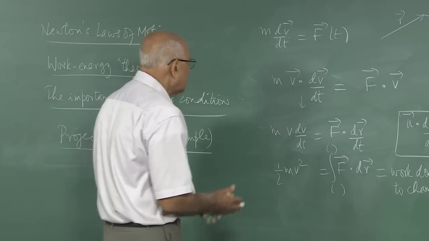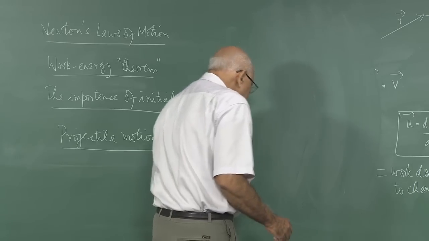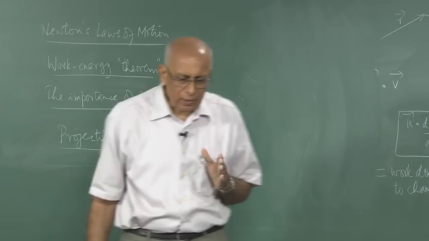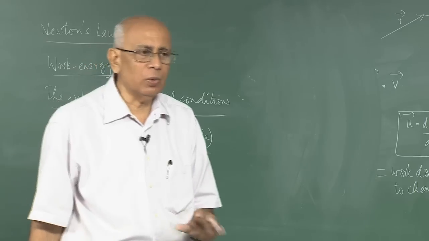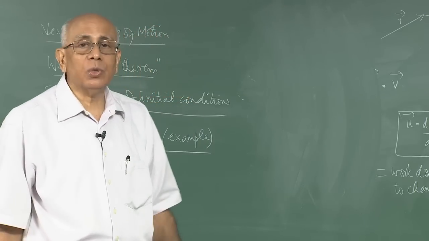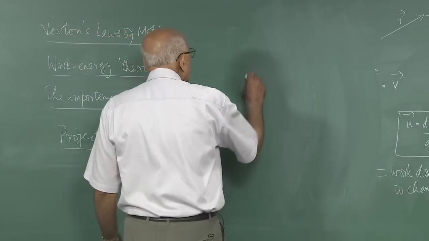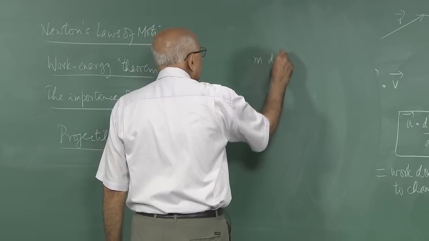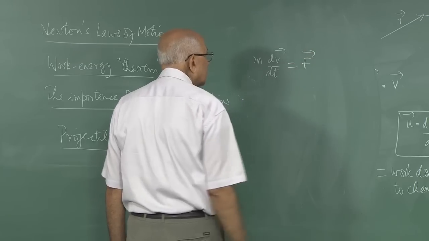Newton's first law told us that an object either continues to be at rest or moves in a straight line with uniform velocity if there is no external force on it. The second law on the other hand says that the mass times the acceleration is equal to the force on it.